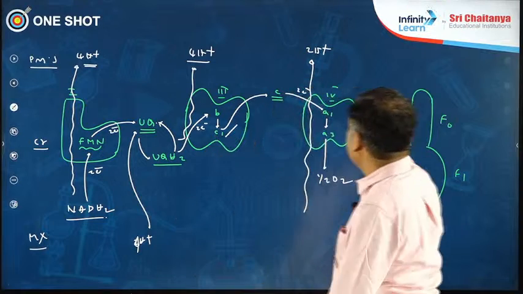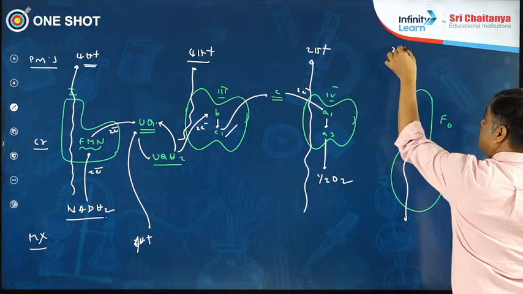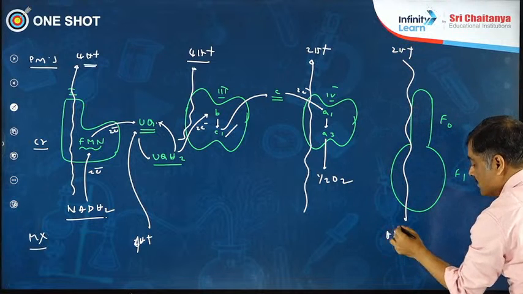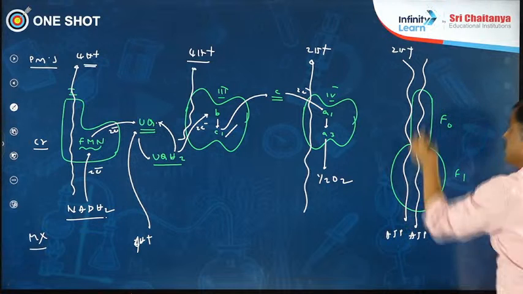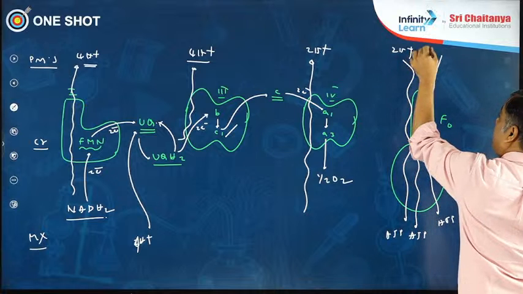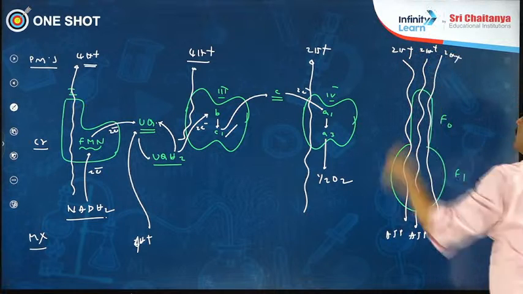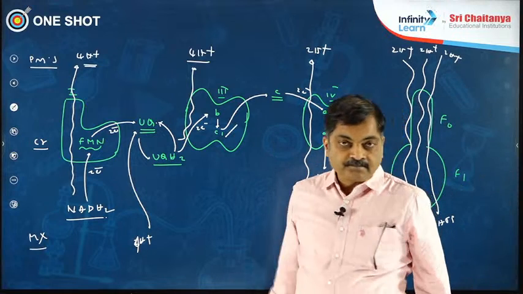Yes. Now what? Out of 10, look here, 2 protons move, generating 1 ATP. Another 2 protons move, generating 1 ATP. Another 2 protons move, generating 1 ATP. So total, only 6 protons move out of 10 to generate how many ATP? 3 ATP.